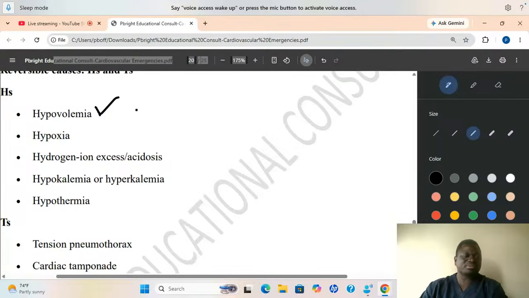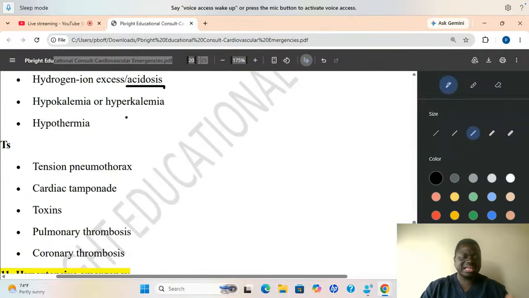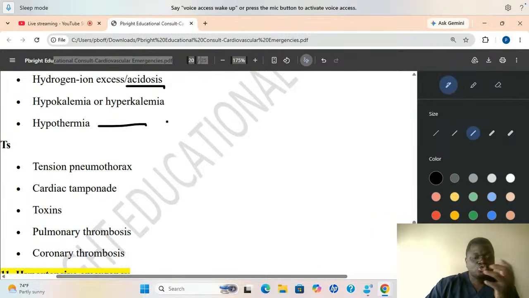Hypovolemia, blood pressure is dropping. Hypoxia, somebody's saturation is dropping, breathing issues. Hydrogen ions, we call it acidosis. Hypokalemia or hyperkalemia. Then hypothermia.